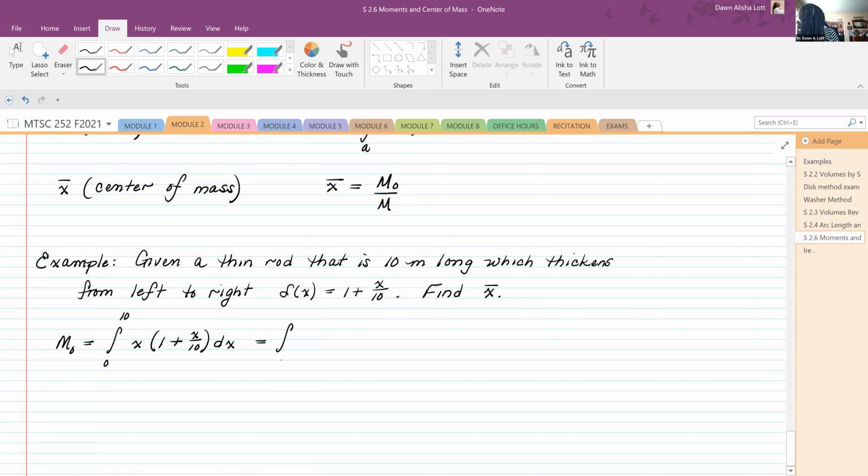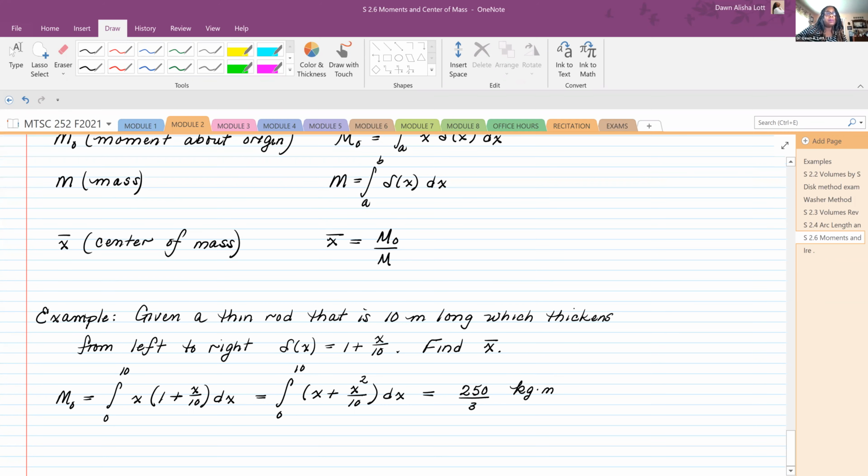This is the integral from 0 to 10 of x plus x squared over 10 dx. And this turns out to be 250 over 3, and this is kilogram meters. So that's the system moment.